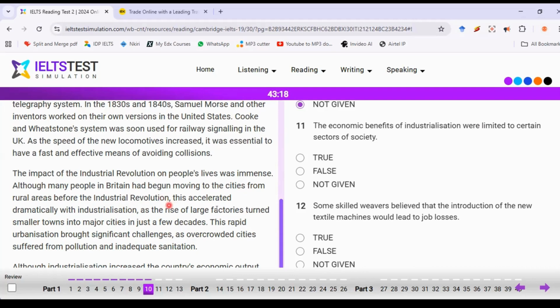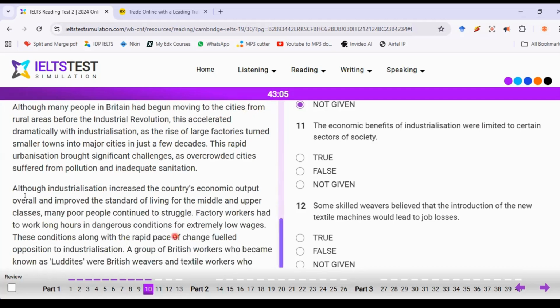With the rise of large factories, turned smaller towns into major cities. This rapid urbanization brought significant changes. Although industrialization increased the country's economic output overall and improved standard of living, many poor people continue to struggle.